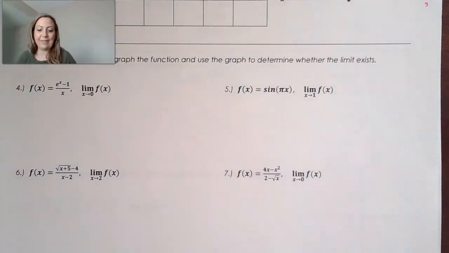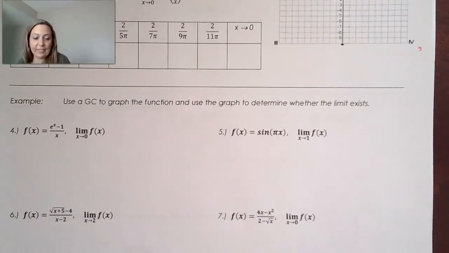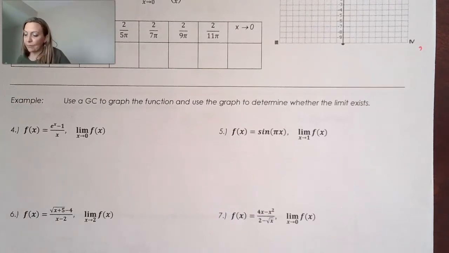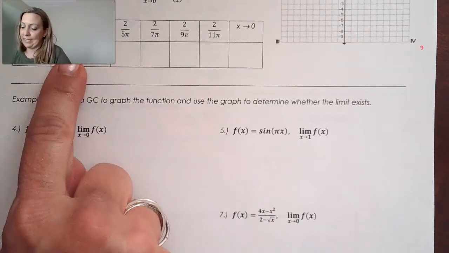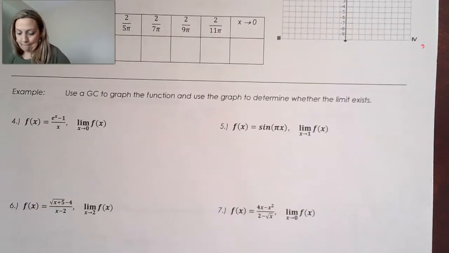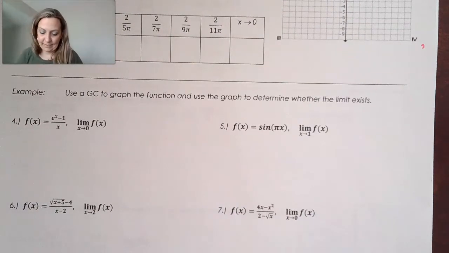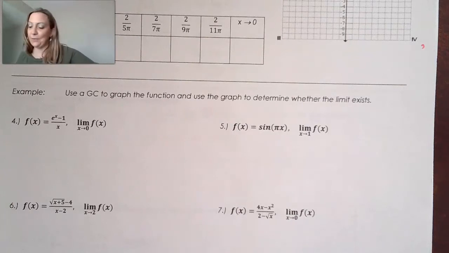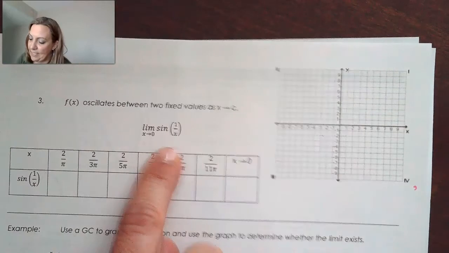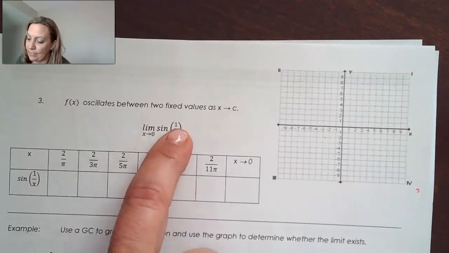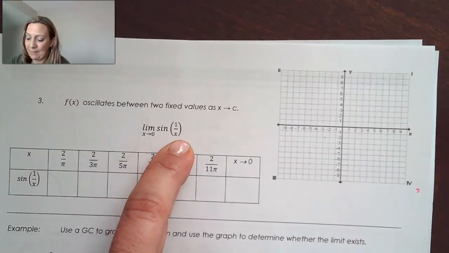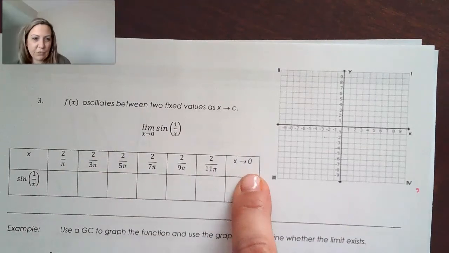Okay. Another type of place where the limit doesn't exist is if f of x oscillates between two fixed values as x approaches c. If you were to substitute these values in, hopefully you trust me, if it was the sine of 1 over x, that means we're really doing the reciprocal of these, right?